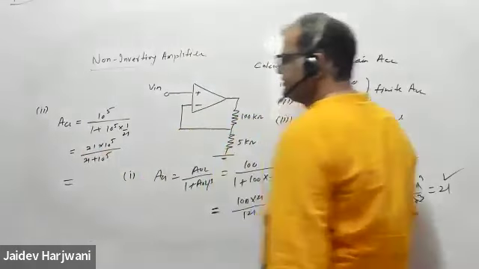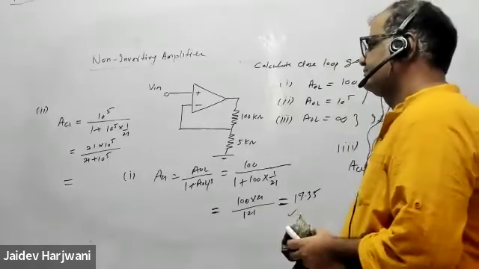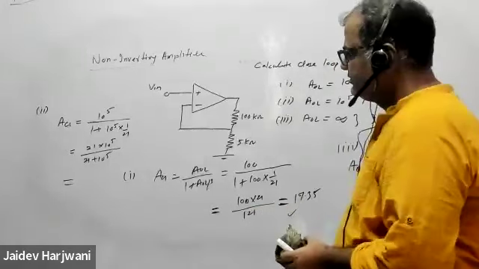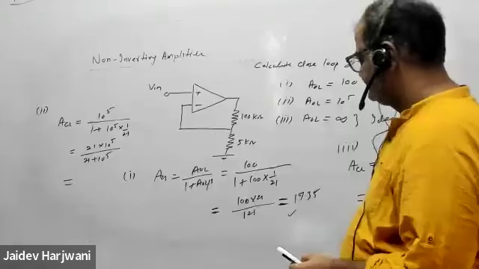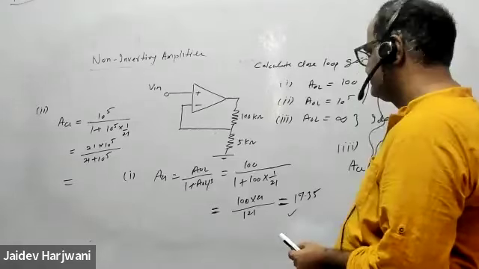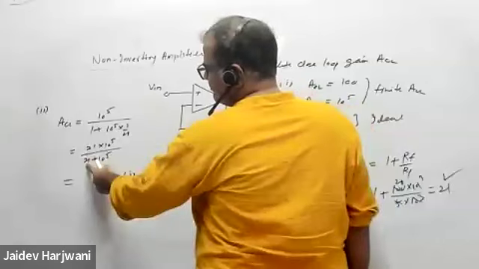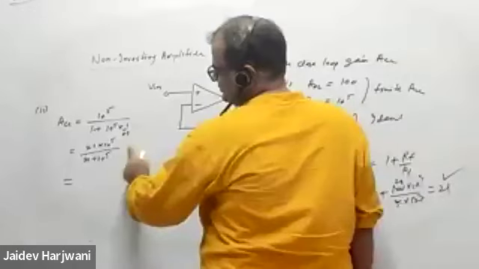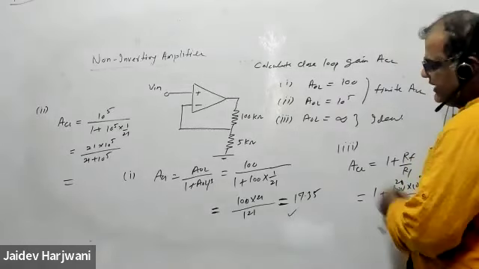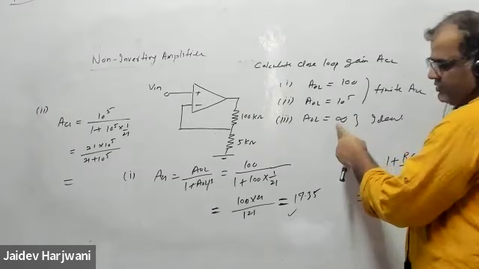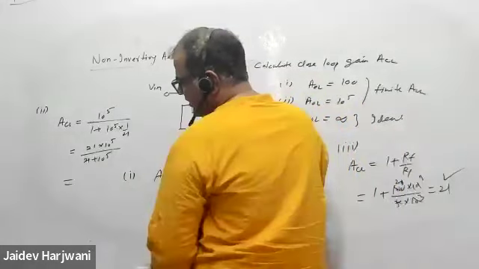Tell me what is the answer of this one. If I neglect this 21 compared to this one, this is almost 21. Actually, equivalent to the ideal value. So as the gain increases, it will approach the ideal value. Here it is slightly less than 21. Something will come, 20 point something. How much is coming?